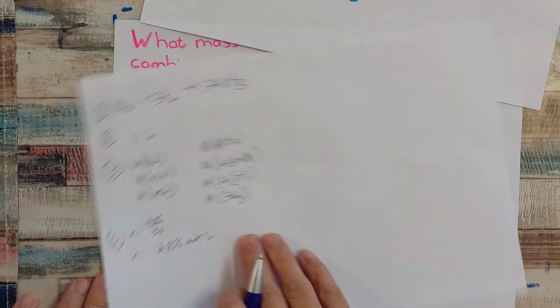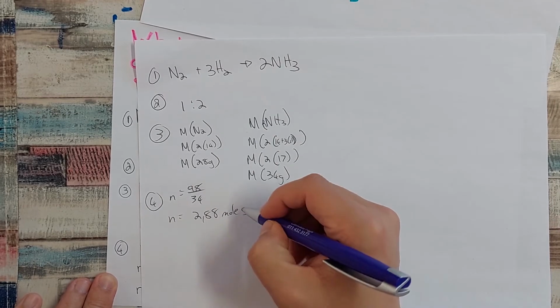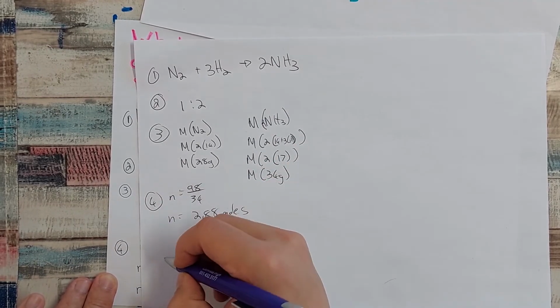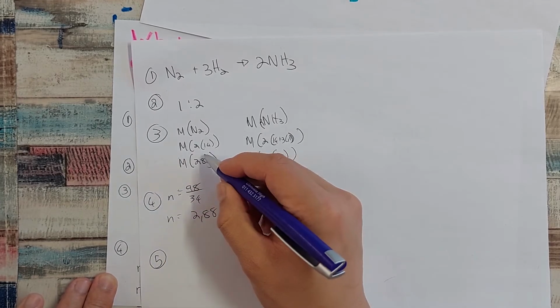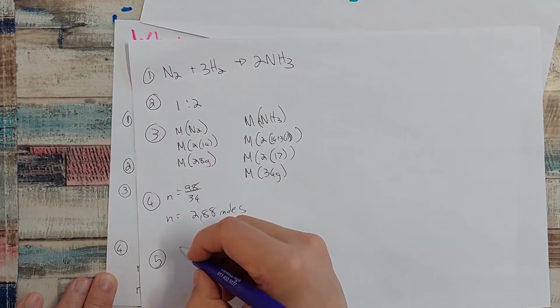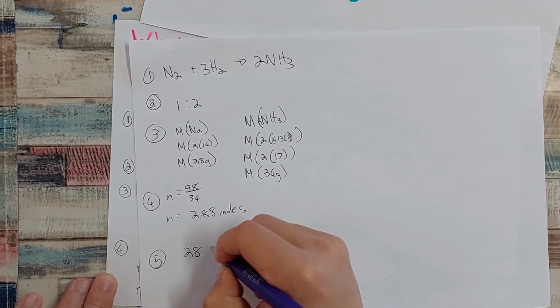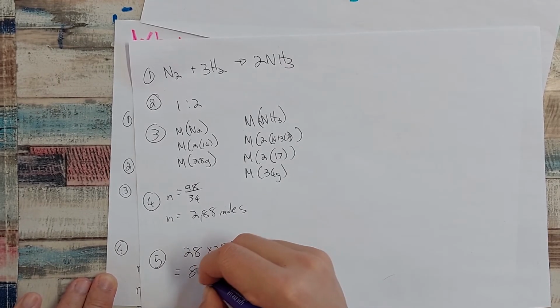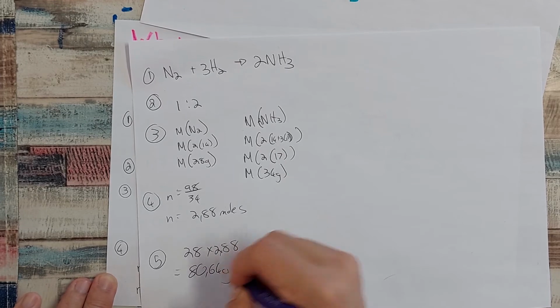Right? So there's 2.88 moles over here. Now I know how much it has decreased by. With this 2.88, I can then straight away just say, what was my ratio? It is going to be over here, 28 times 2.88, which is going to give us an answer of 80.64 grams.